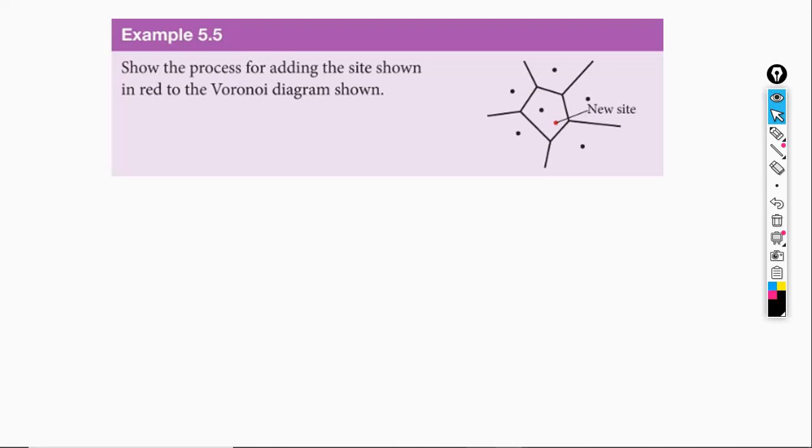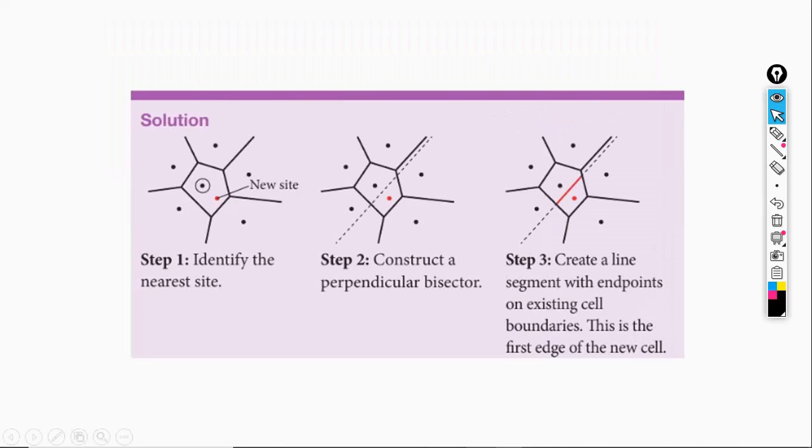Okay, so in example 5.5, they ask to show the process for adding the site shown in red to the Voronoi diagram. Okay, so basically we're going to see the process of building new walls or new edges for this site. So notice here that we have the first step, which is simply to identify the nearest site.